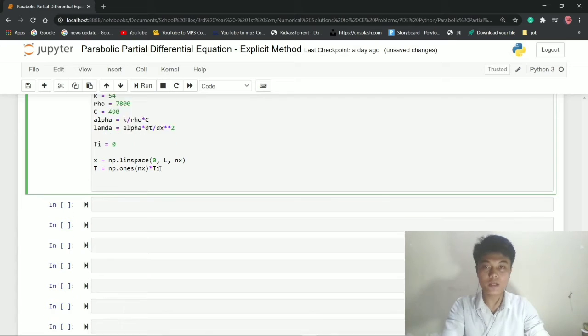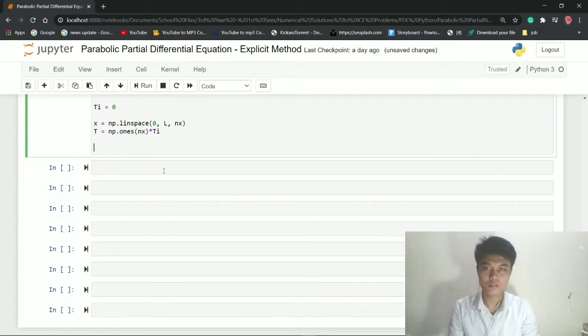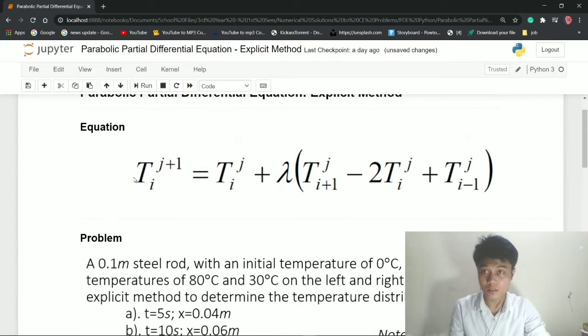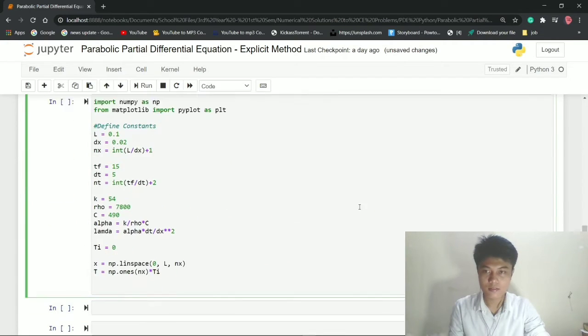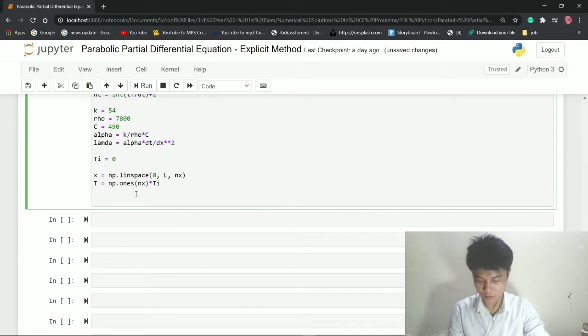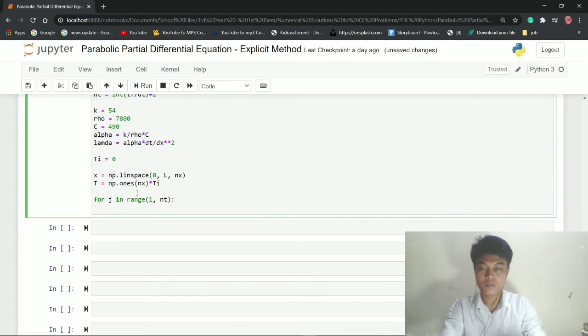So, now we have to solve our equation. So, we have to input this equation dito sa Python. So, we're going to have a for loop here. So, for j in range 1, 2, and t. Itong for loop na ito, yung ginagawa niya is, naglo-loop siya. Nagsimula siya sa 1 hanggang sa nt, yung time step natin.